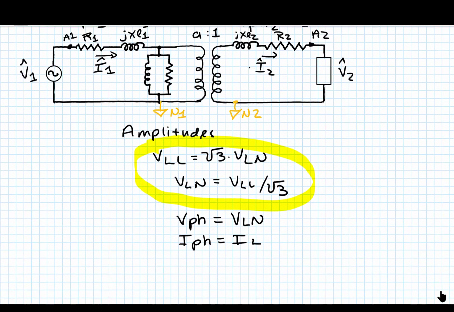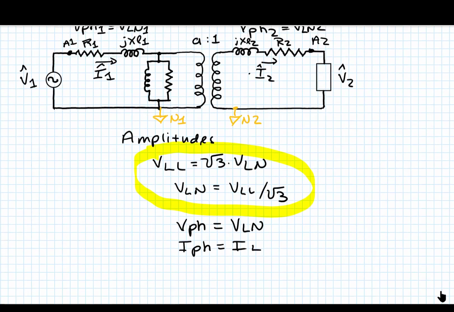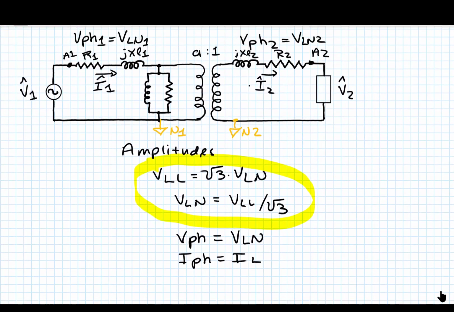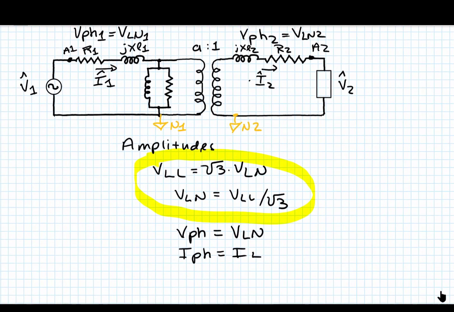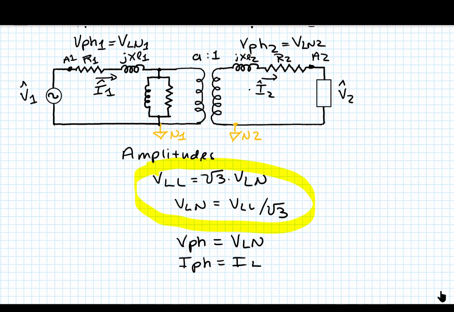If, for example, I had a problem like this, let's give an actual numerical example and show you the process. I also mentioned that we have the magnetizing reactance and the core loss resistance as well.